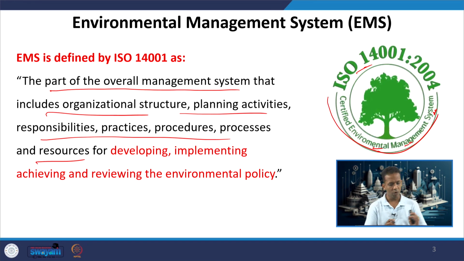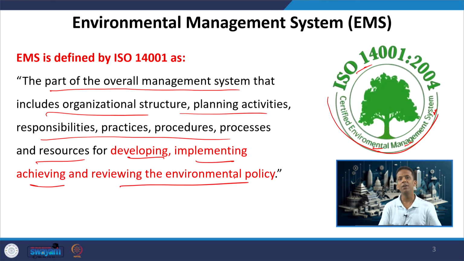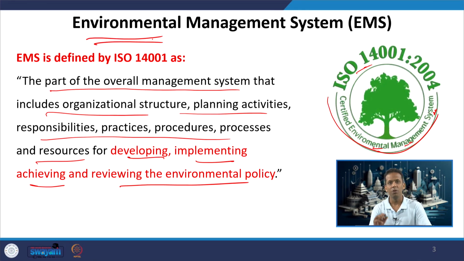For what? For developing, implementing, achieving and reviewing the environmental policy, as the name indicates, environmental management system. So, the first step is you set up an environmental policy, or the goal of the company, where the company wishes to go or achieve something with respect to environment.